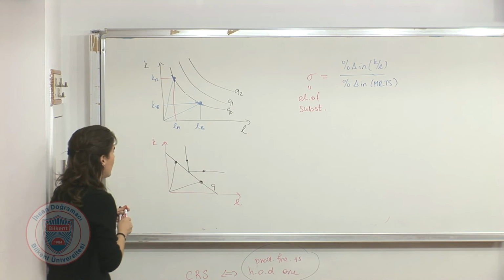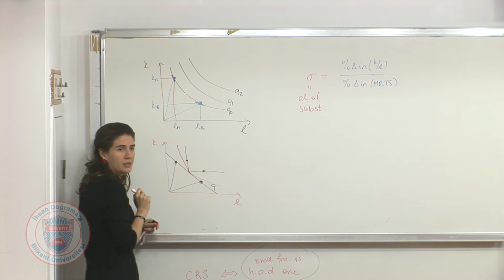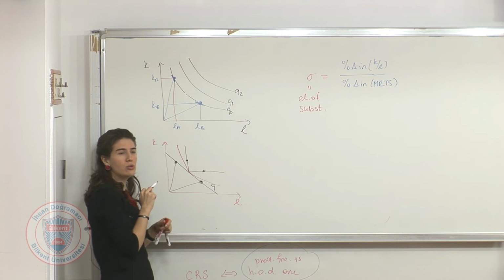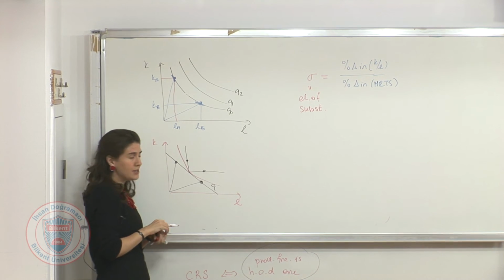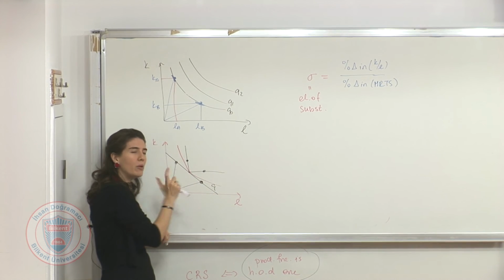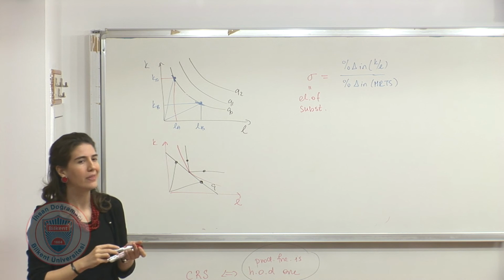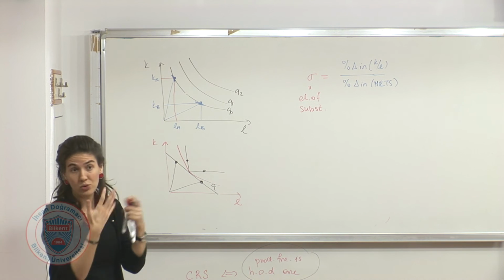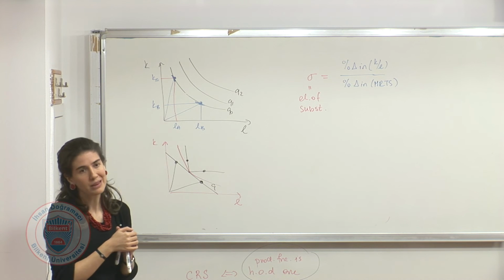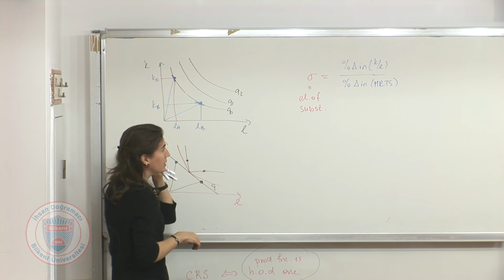Remember, Cobb-Douglas was a case in between these, and CES covered all of these. In the Cobb-Douglas case, you can substitute them to some extent. They're not perfect complements and not perfect substitutes. There is some substitutability, but not perfect.